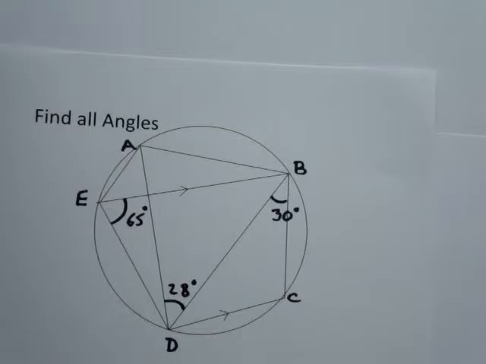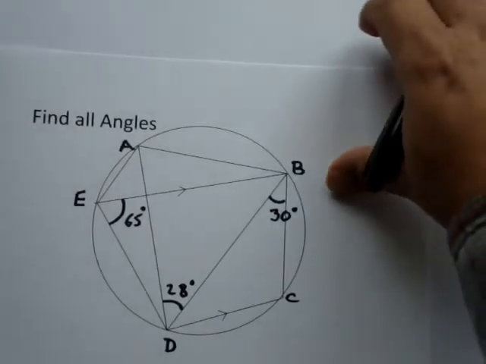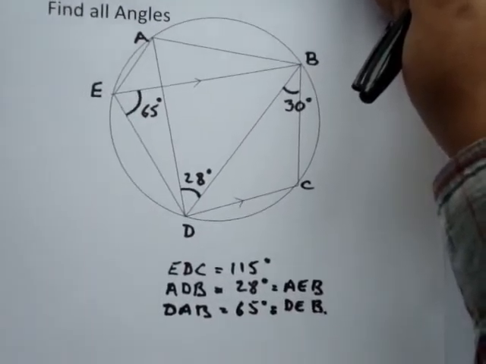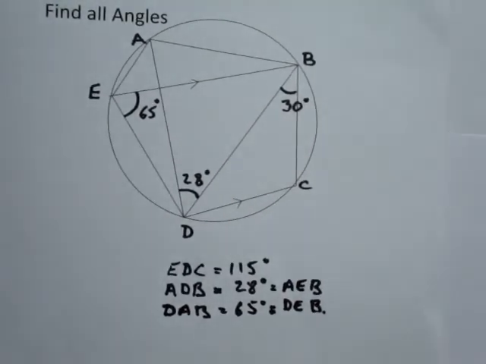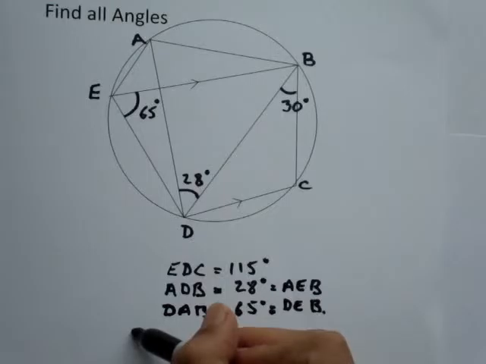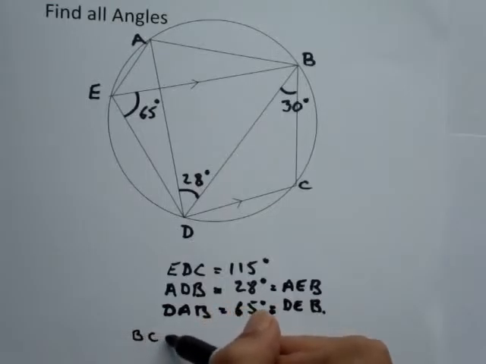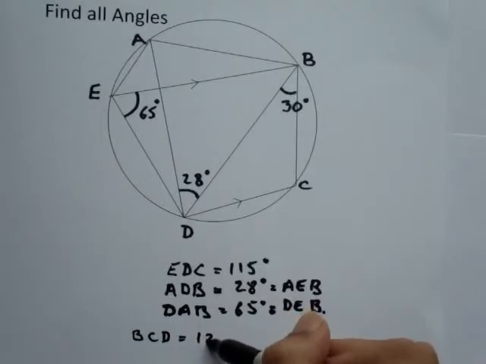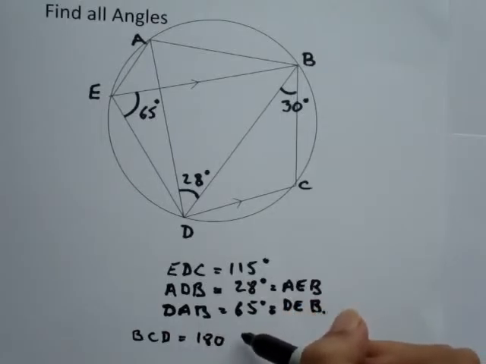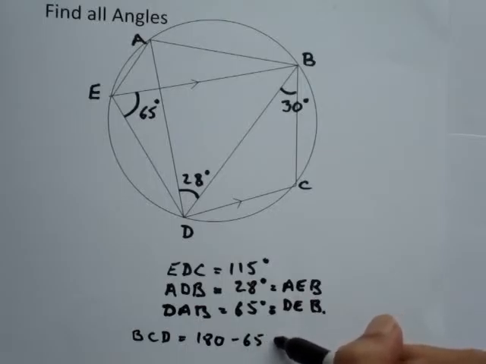Now we have the angles in opposite segments, so angle BCD is 180 minus 65, which is 115 degrees.